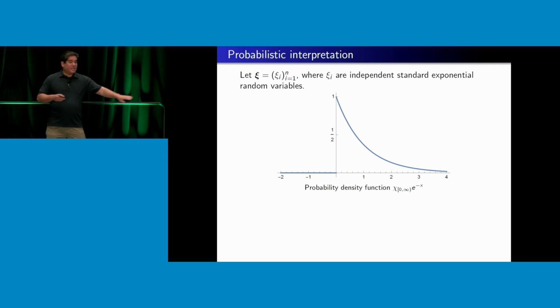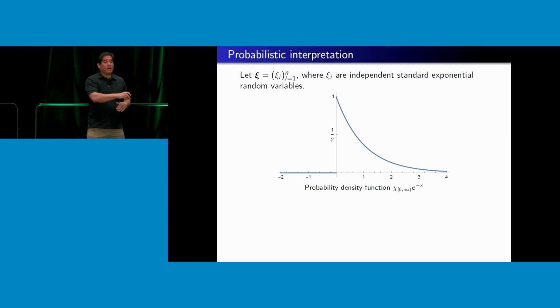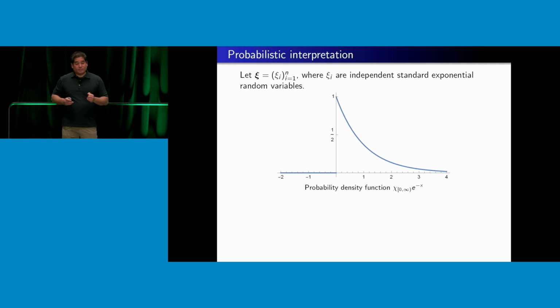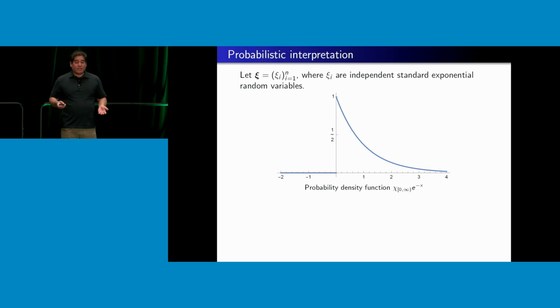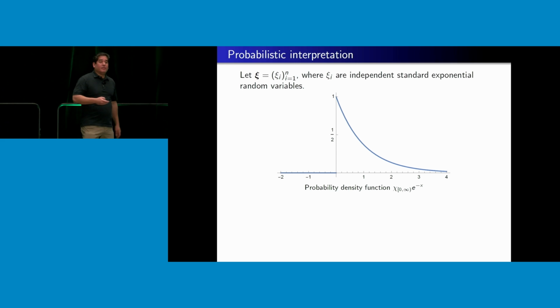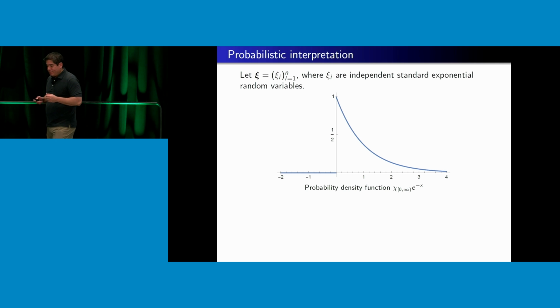This function is 0 on the negative part of the real axis, and then it starts with an exponential drop once I get to x equals 0. It's a probability density, it's non-negative, and integrates out to 1, so it's a perfectly legitimate thing to draw random numbers from. So xi has all these random numbers drawn from this distribution.